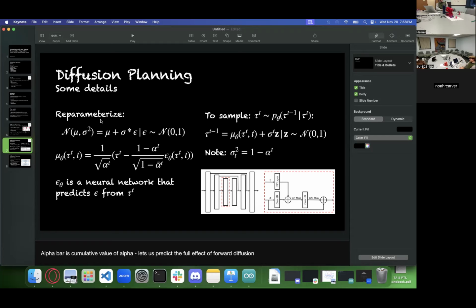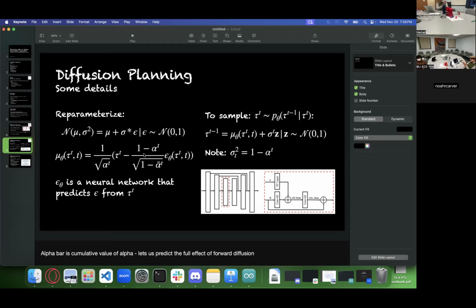The other thing of note is that we're defining the mean to be some permutation of the current state at tau t and the predicted error.